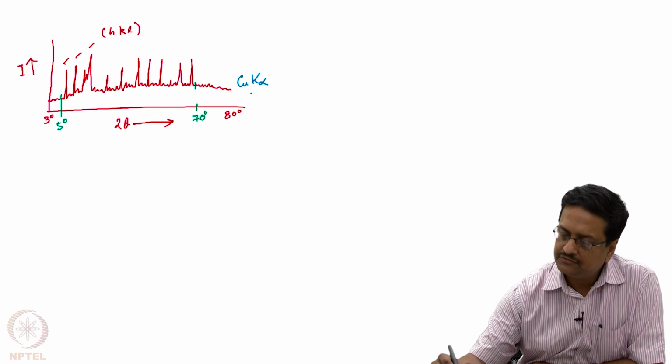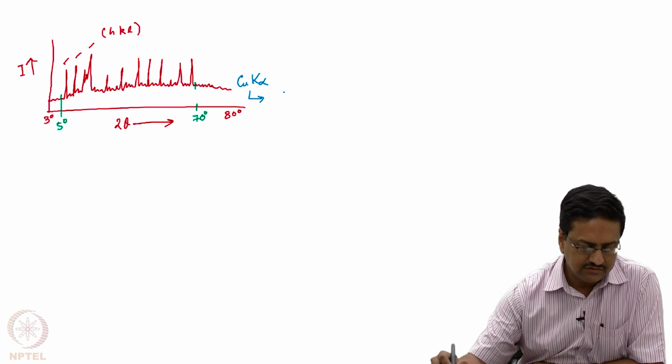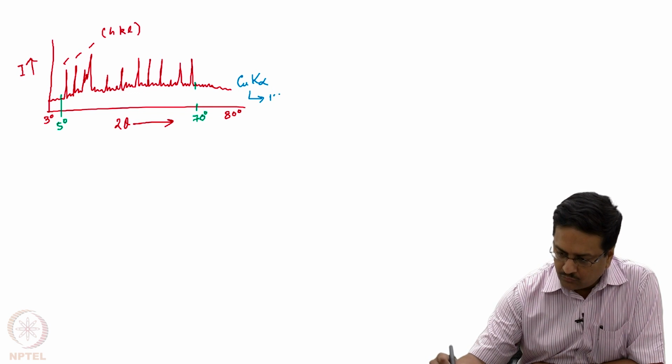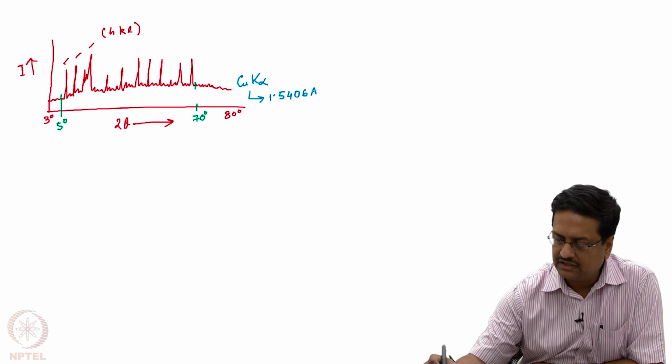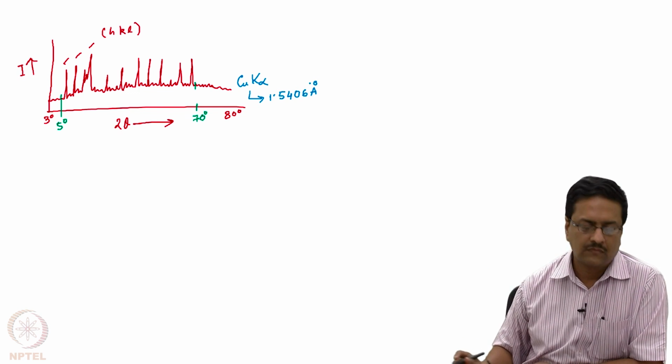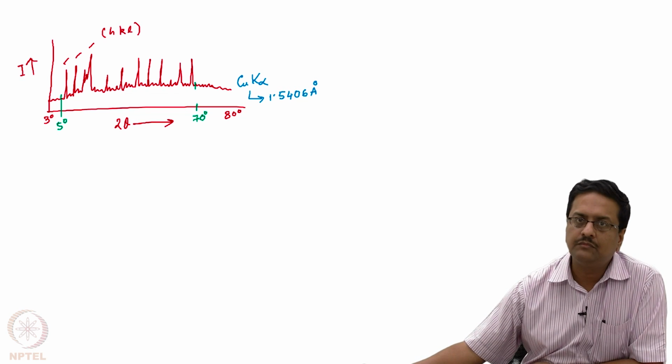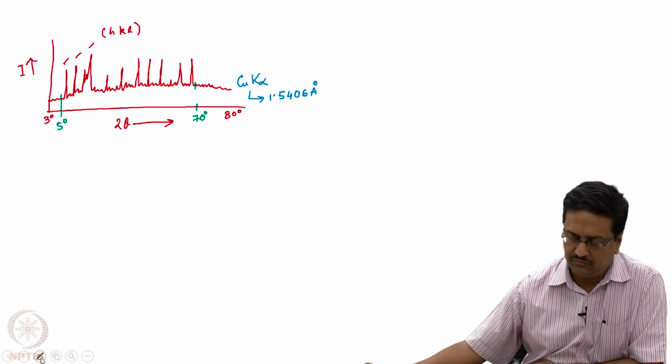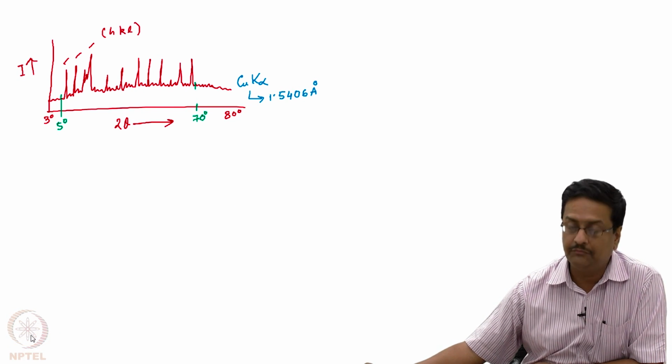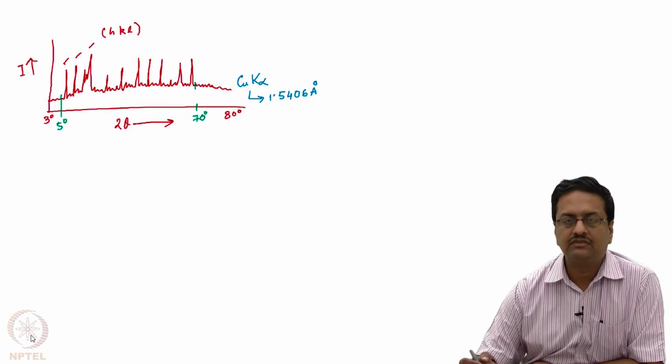What is the wavelength of copper K alpha? It is 1.5406 angstroms. Now if somebody wants to use a molybdenum radiation for the same purpose, what should happen?